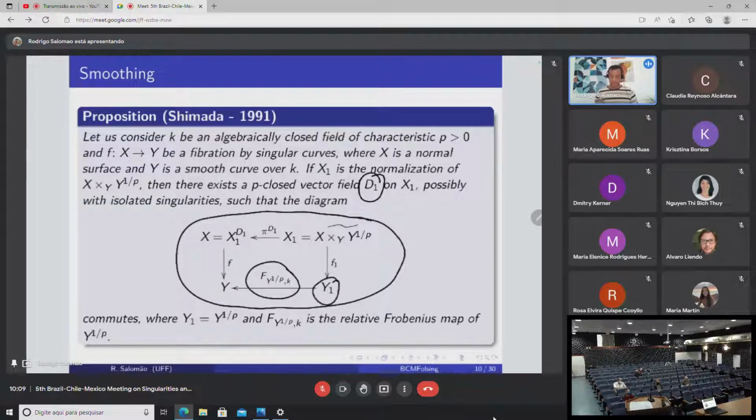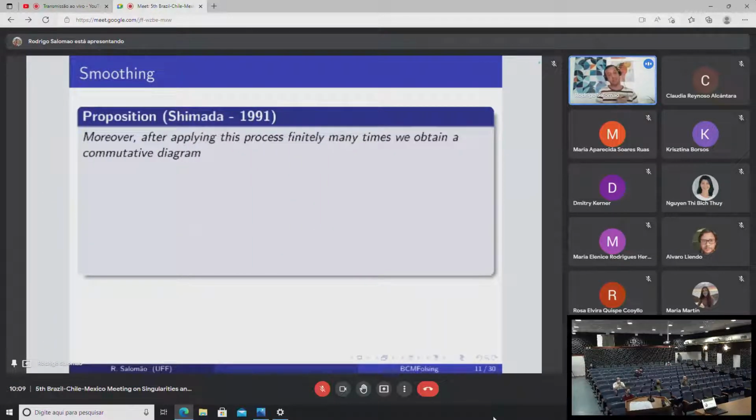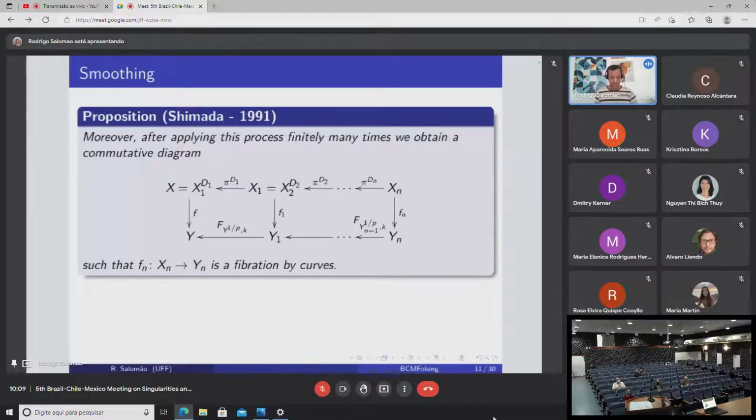But maybe we cannot obtain the smoothing of this fibration by singular curves with just one step, but Shimada proved that if we apply this process finitely many times, we will obtain the smoothing of this fibration here by singular curves.